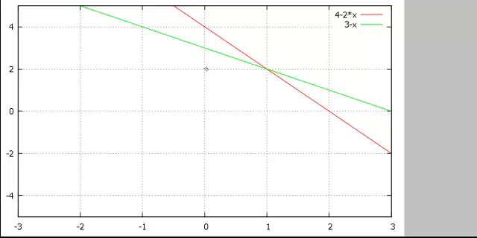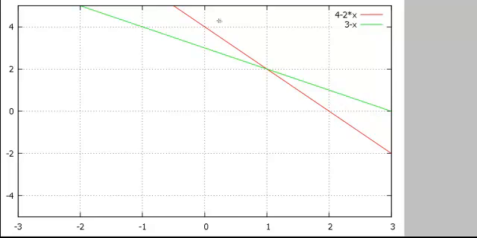So plug in x is equal to 0 into the expression y is equal to 3 minus x, and you get y is equal to 3. So you just put a dot at 0, 3. Then say plug in x is equal to minus 1. If x is equal to minus 1, then 3 minus x is 3 minus minus 1, which is equal to 4. So you'd have a dot at minus 1, 4. Then just draw a line through those two dots and you end up with the green line.